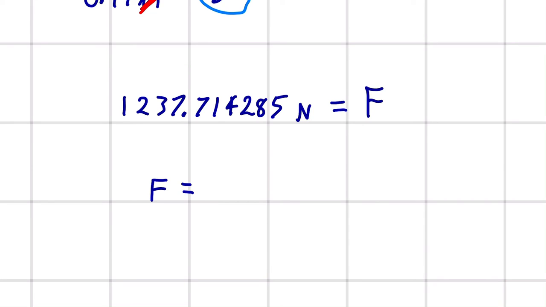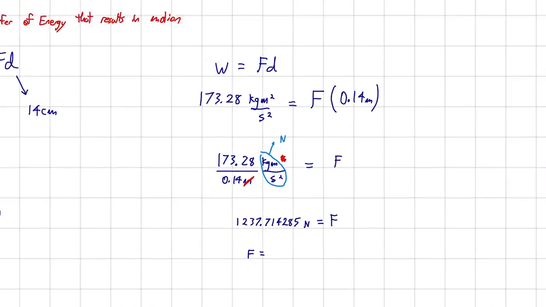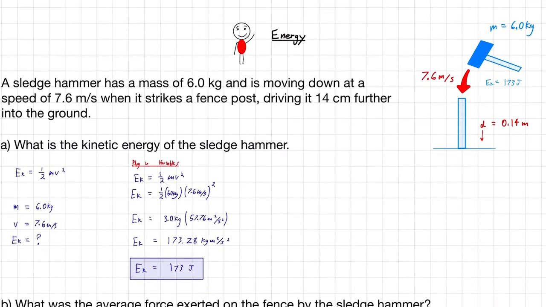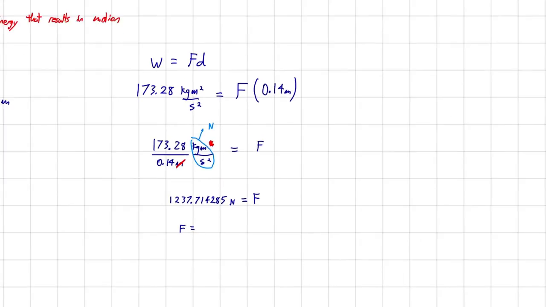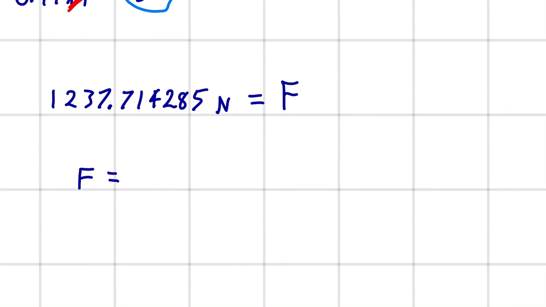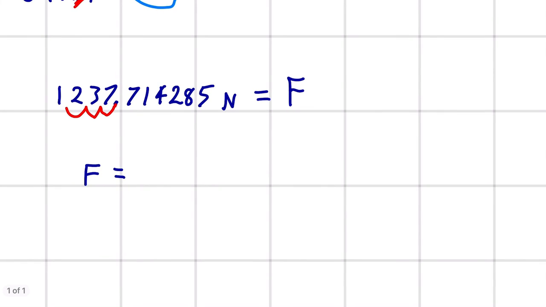In the question we're given 2 significant digits in all these values, so in our final answer, I'm going to round this to 2 significant digits, and this decimal is going to move 1, 2, 3 spots backwards. So 1.2 times 10 to the 3 newtons.